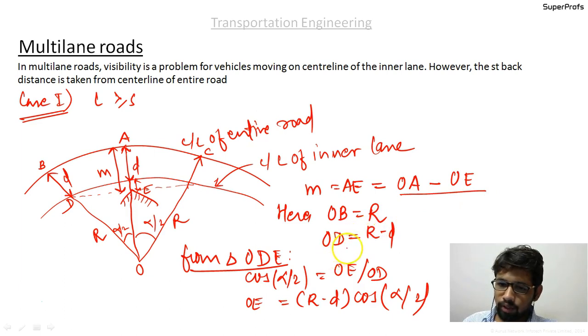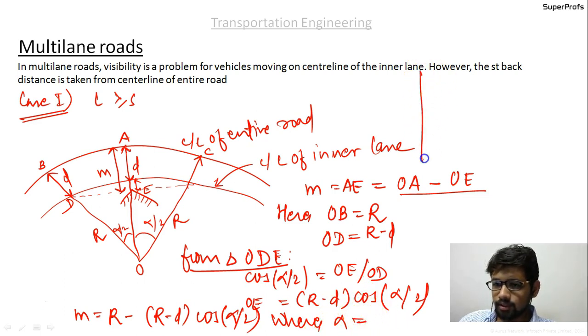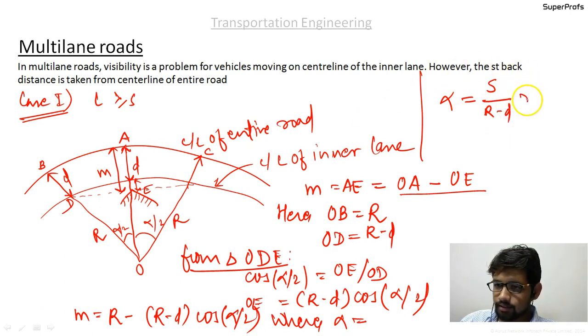OA is R, therefore M equals R minus (R minus d) cos of alpha by 2, where alpha equals S upon (R minus d) radians. It is very important, guys.